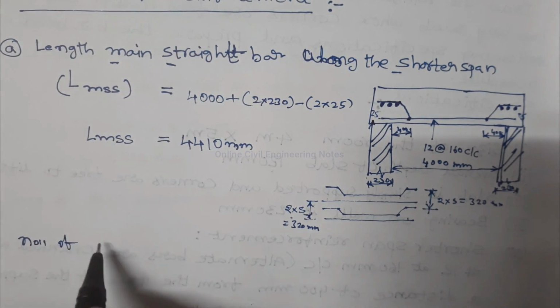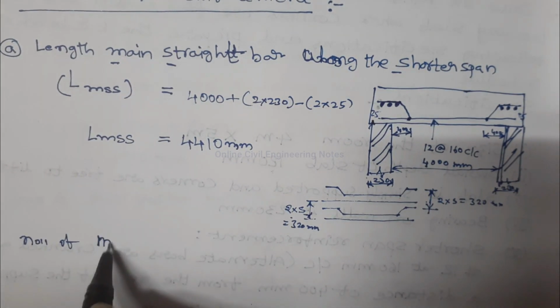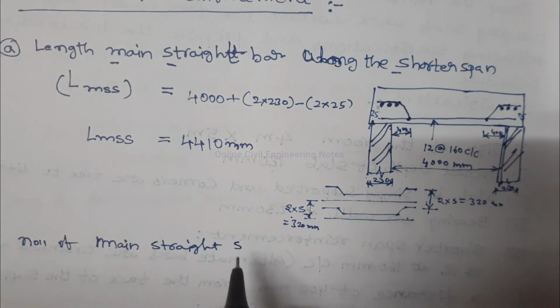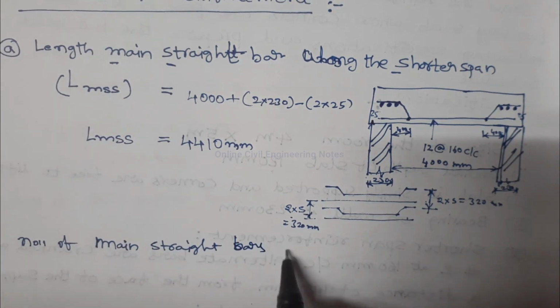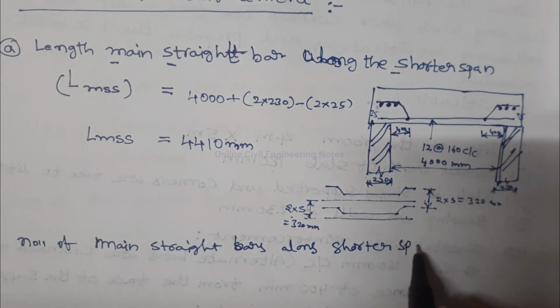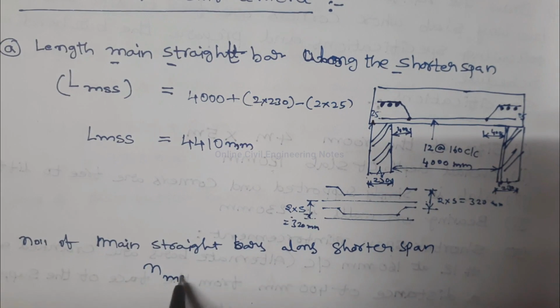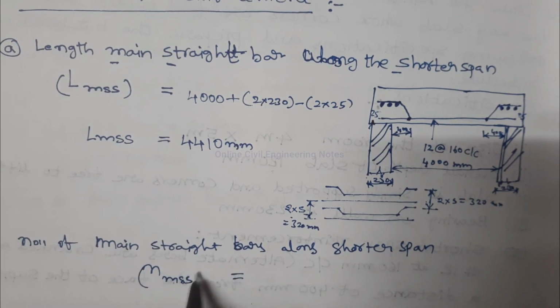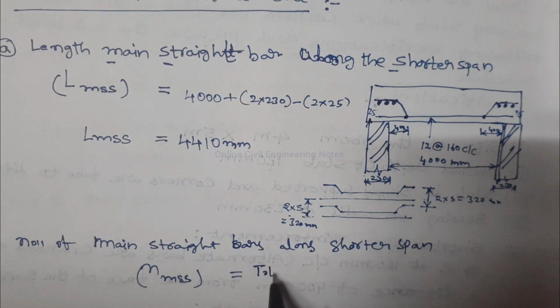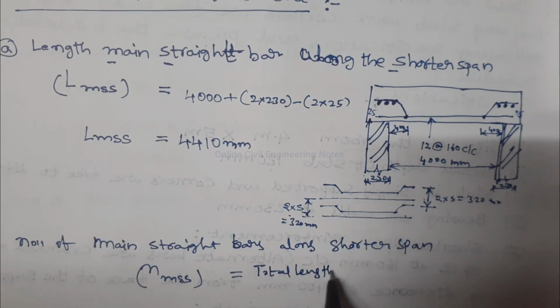Number of main straight bars along shorter span is equal to total length of slab.